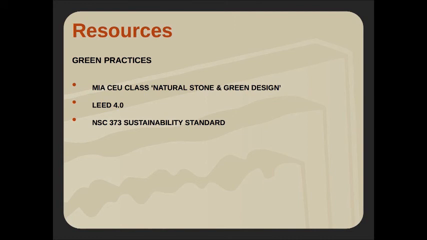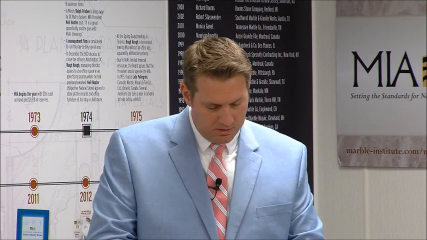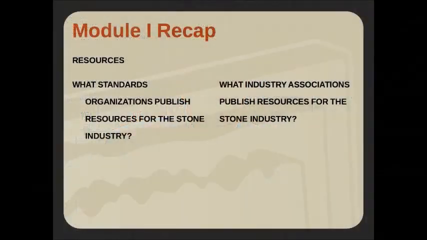And then there's the new standard, the NSC 373 Sustainability Standard, which, as that continues to grow legs over the next few years, is something you might consider including in your specifications, using companies who are adhering to that standard. So, great resources for green.